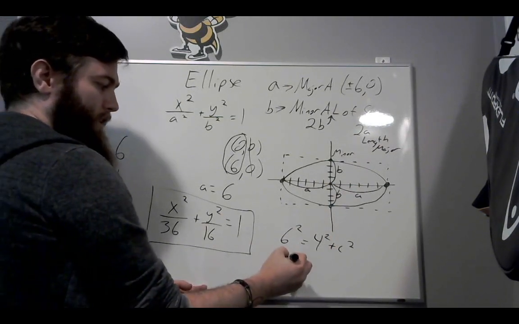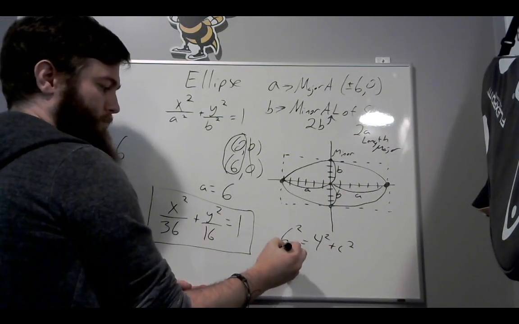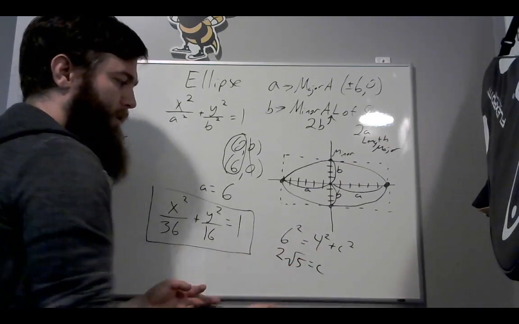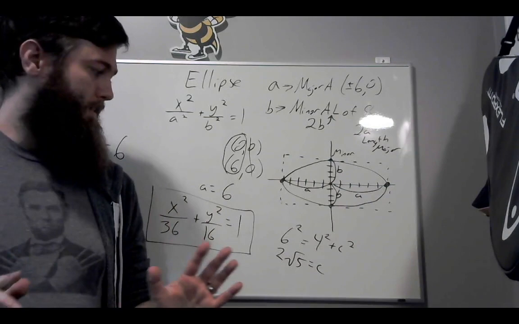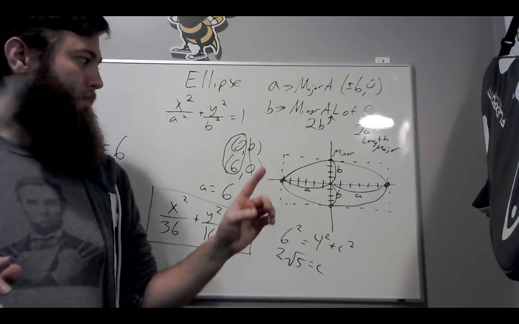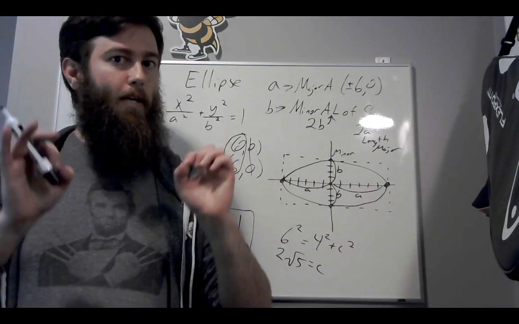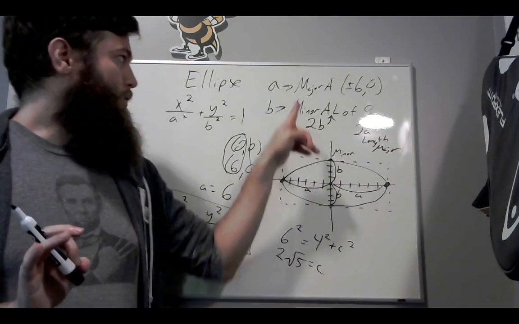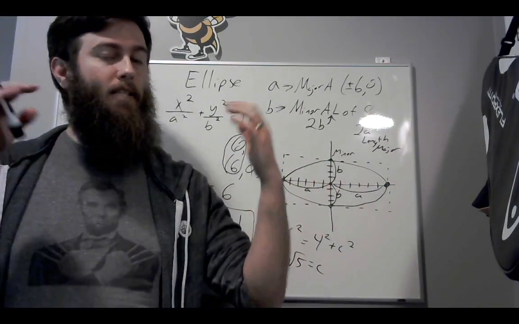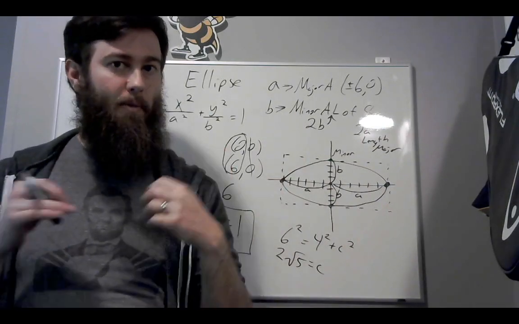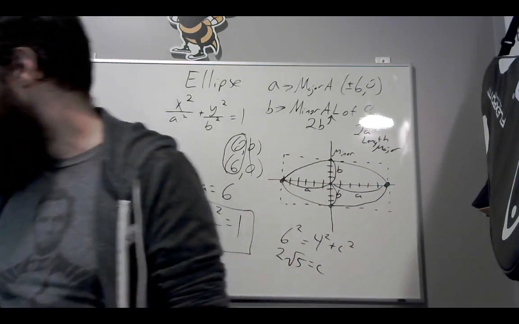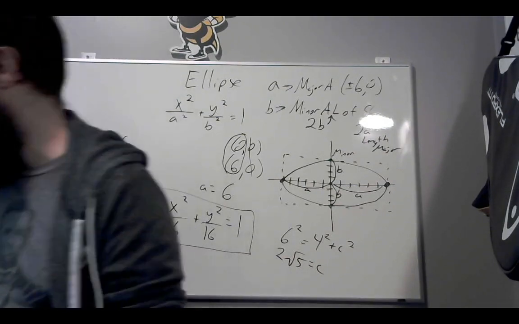That would give you the square root, so 2 root 5 would be what c would equal if you solve that out. Again, that's not necessary for this problem. c is, again, only if you see the word focus. If you see the word major axis, that's going to be some kind of a value. If you see minor axis, that's going to be some kind of b value. Hopefully that answered your question, Shauna.